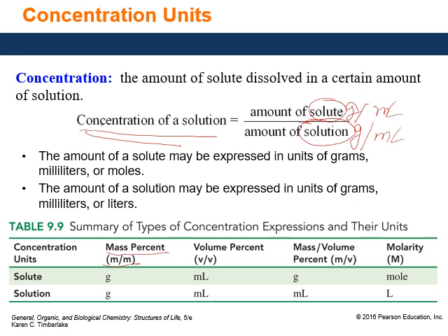This form of concentration is called volume percent, which can be abbreviated as volume over volume. So here the amount of the solute is also measured in mL, and the amount of solution is also measured in mL. And why are we calling these percentages? Basically this is amount of solute over amount of solution times 100.